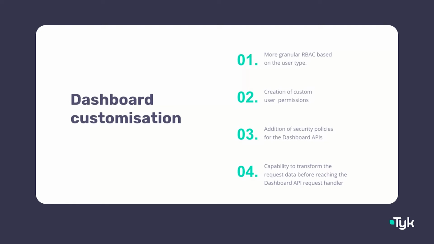And let me give you a brief example. Let's say you are monetizing your APIs, right? And in order to monetize them, you're setting some rate limits or quotas on the APIs. And you have two types of users that can work with that API you created.